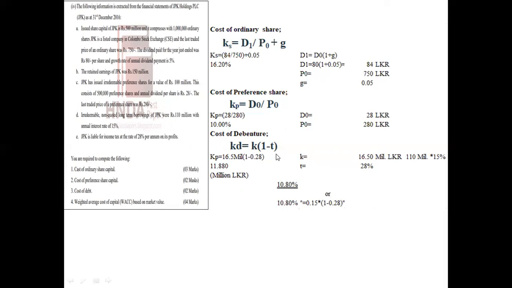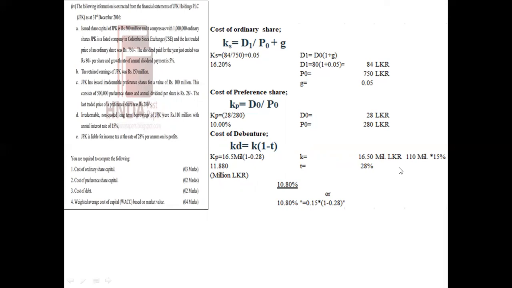Here, one method is we can calculate the interest expenses. How to calculate interest expenses? Here it has been mentioned, non-quoted long-term borrowings were 110 million.